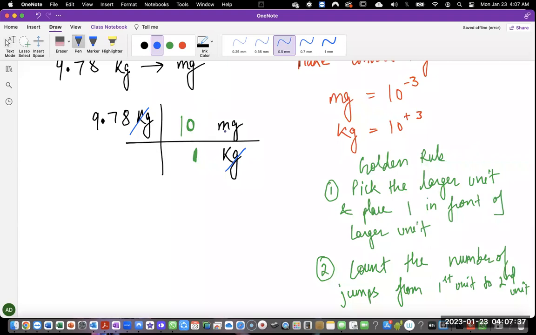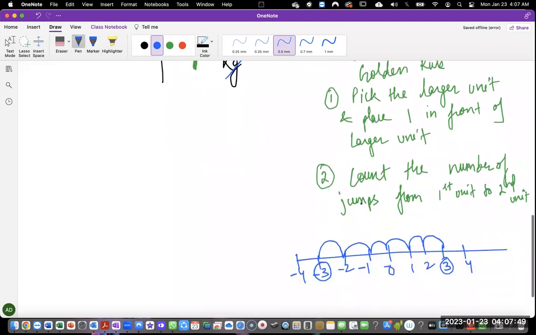Is that number going to be positive or negative, guys? Remember, for this golden rule, if you are putting the 1 in front of the large unit, then this number of jumps will always be positive, guys. So you want to make sure you remember this rule. This is very, very important. Always positive.